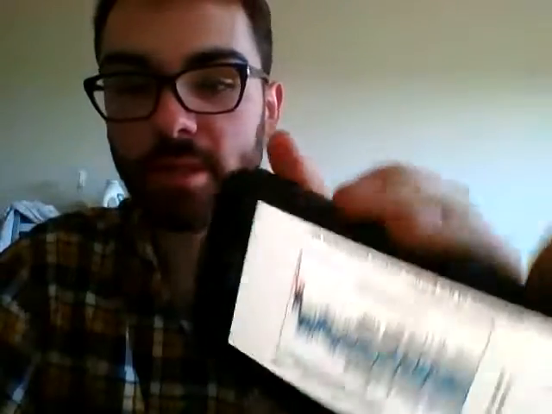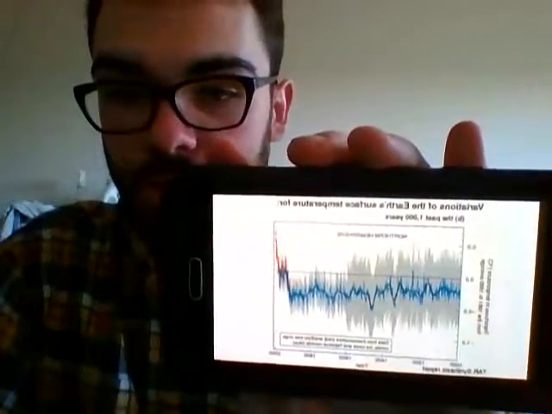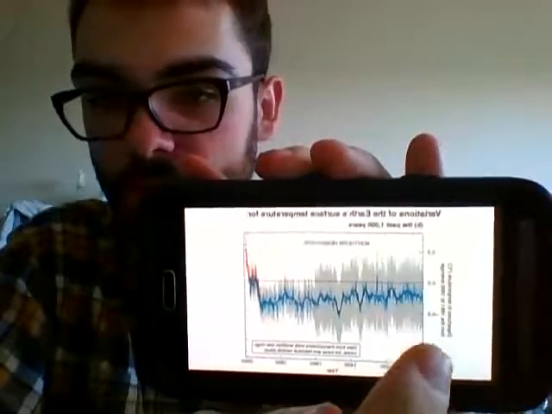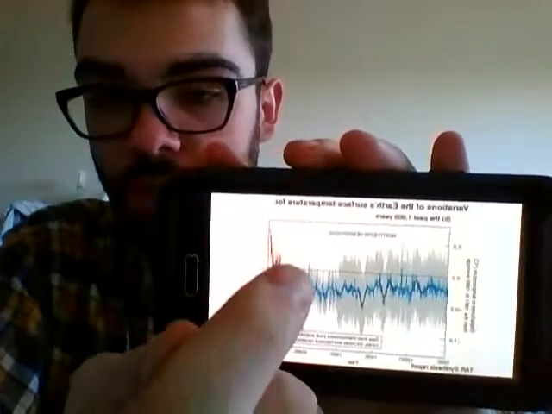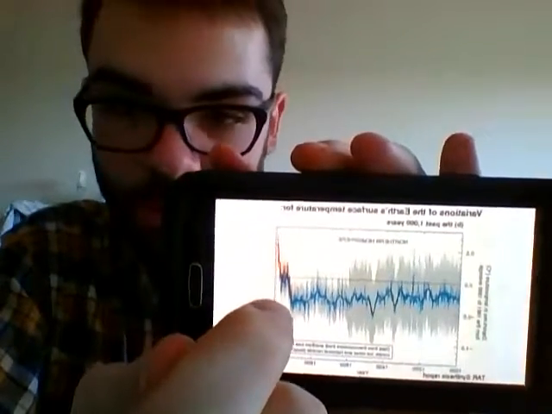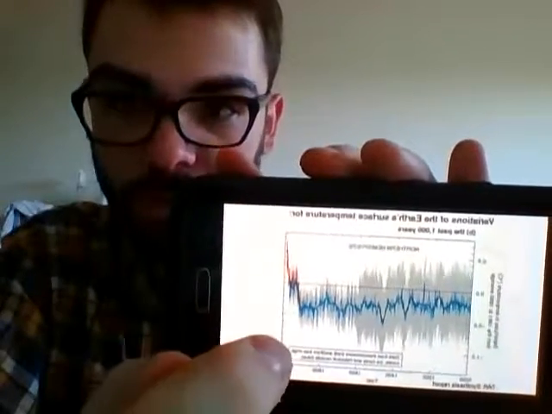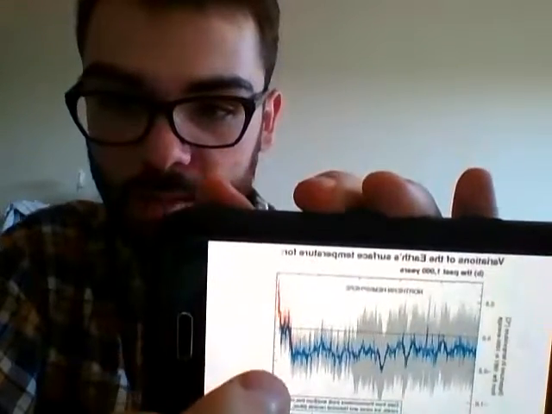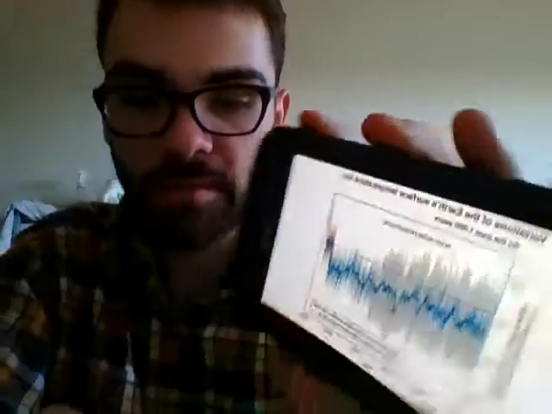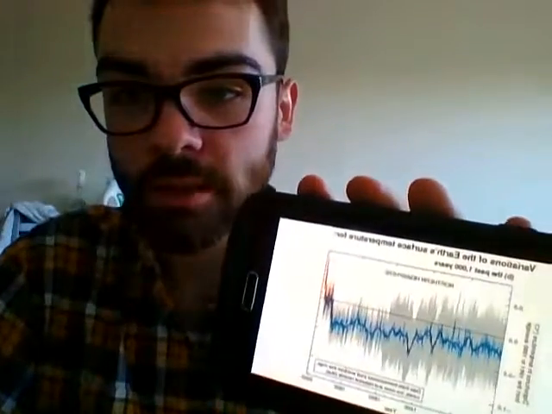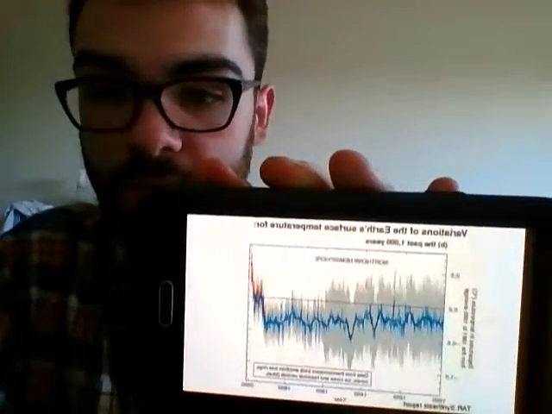And this is actually the hockey stick curve. The reason there's a little decrease there doesn't necessarily have to do with cooling, but could also have to do with better taking of atmospheric temperature directly.